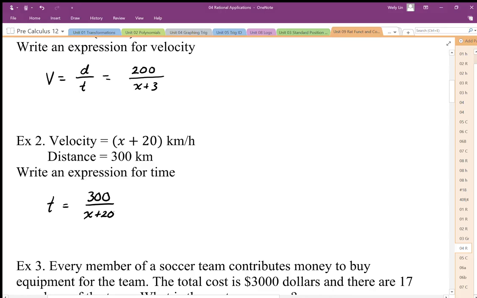So the kilometers will cancel out, and since hours is in the denominator of the denominator, this is going to represent hours. Okay, so that would be the units of that expression.